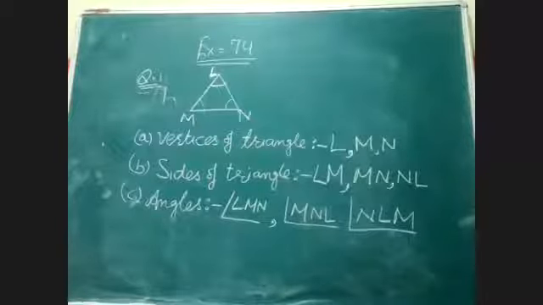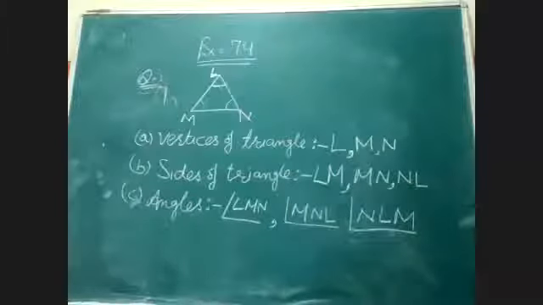Yes, students. Next is the second question. Your second question is, classify the following triangles with respect to their sides. Now we have six figures in this question, part A to part F. The lengths of the sides are already given.